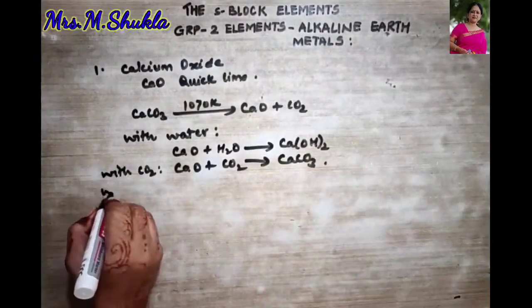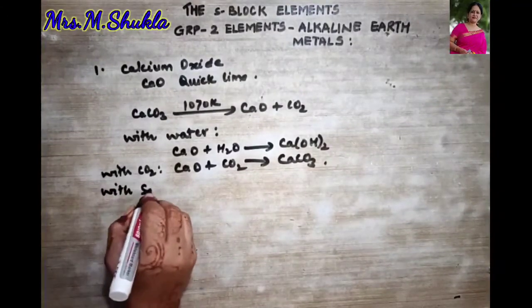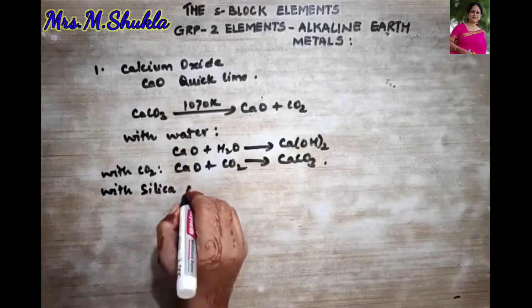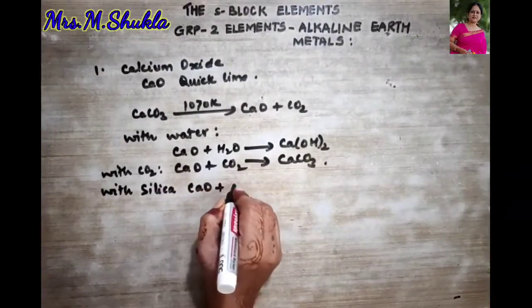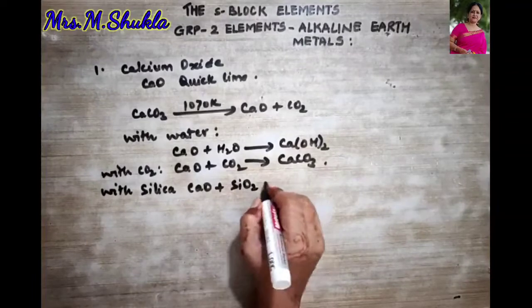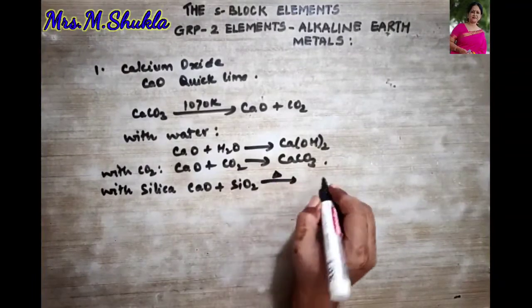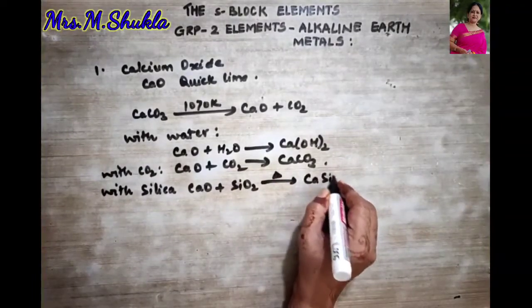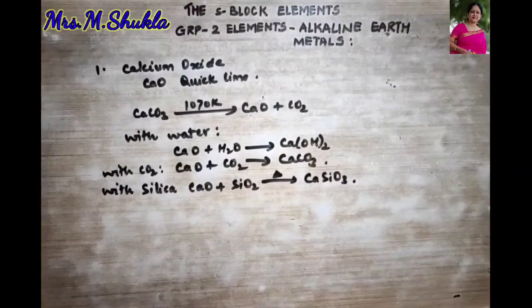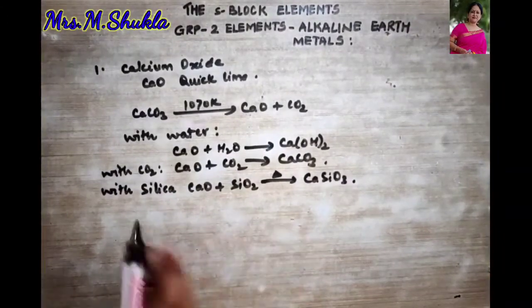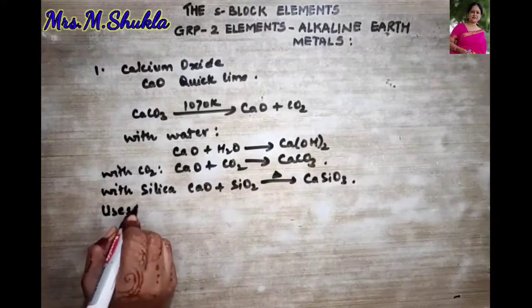Then, calcium oxide combines with silica on heating and gives calcium silicate. Clear?